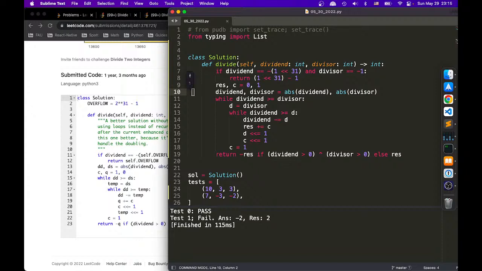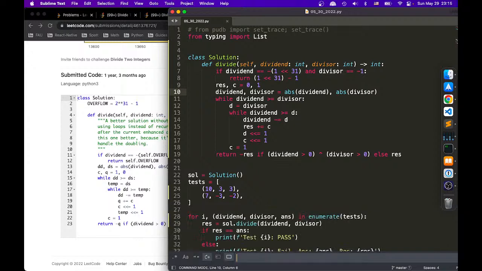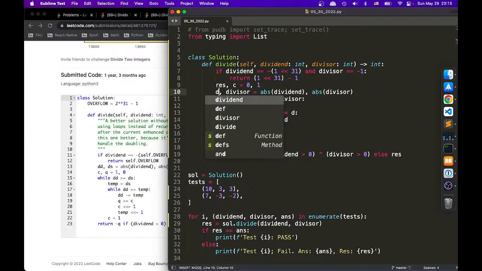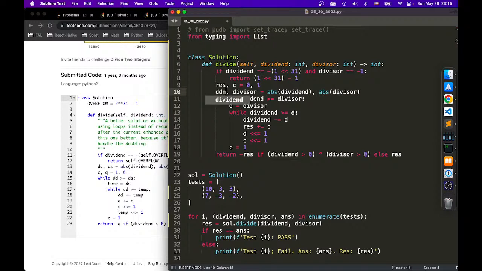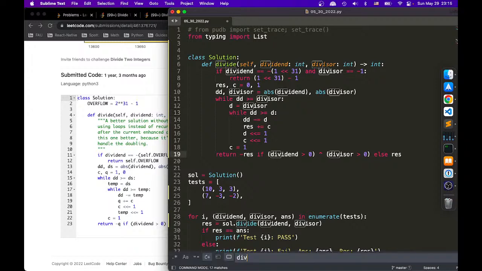Okay. We can say dividend. Okay, so we say we can dividend, change this. Now we go exactly the same as divisor.